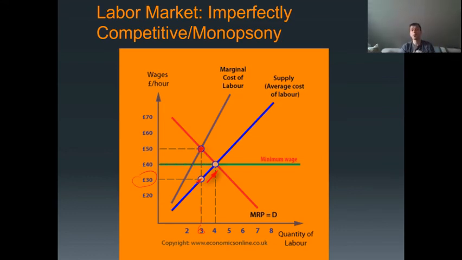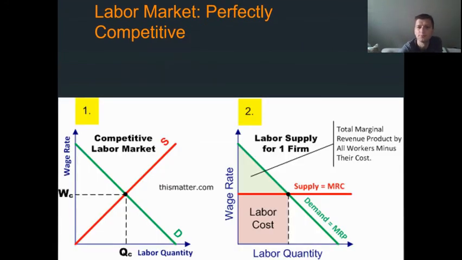You can cause a minimum wage, like let's say here at 40 pounds, and increase the quantity of labor hired. You could do that for a monopsony. For perfect competition, you notice your MRP equals MFC quantity here.